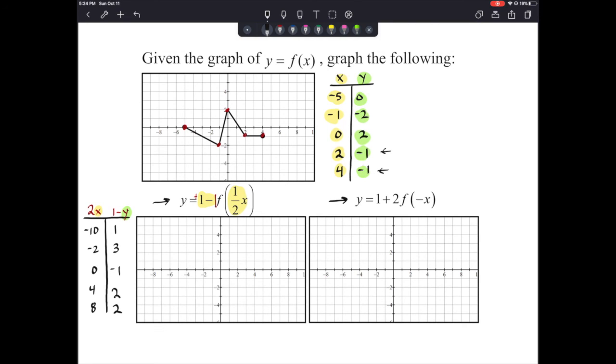Negative 10, positive 1. Negative 2, positive 3. 0, negative 1. We have 4, 2, and 8, 2. And then we'll just connect them as we go across. Whoops, I went the wrong way. Don't do that. Remember, you got to hit them from left to right.